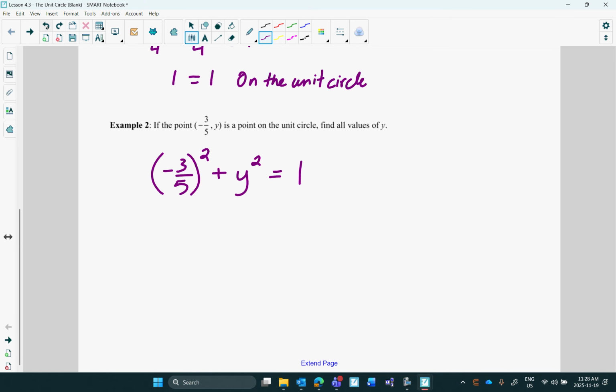We can just get everything to one side and solve from there. So what's negative 3 over 5 all squared? 9 over 25, plus y squared. In order for me to subtract 9 over 25 from both sides, how do I write 1 as a fraction over 25?